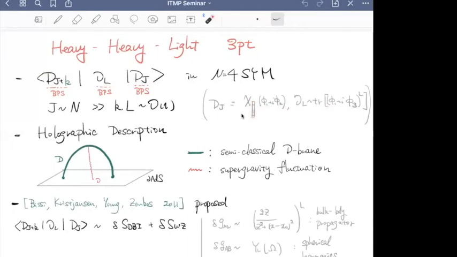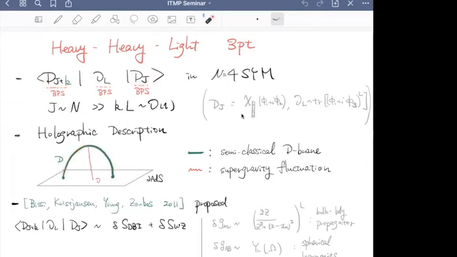And we know what the holographic description of this 3-point function is. So this large charge operator, D_J and D_{J+K}, is known to correspond to some D-brane. So if you have 2 of these, then there should be some classical trajectory of the D-brane, which is very heavy.